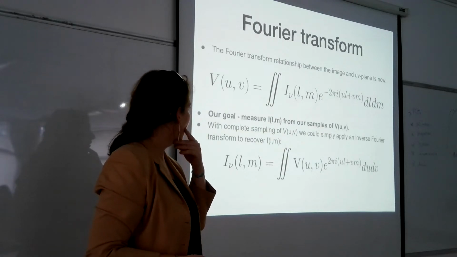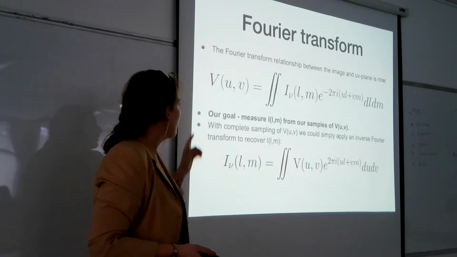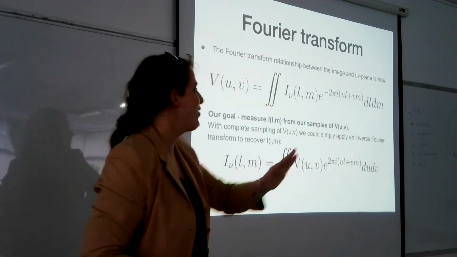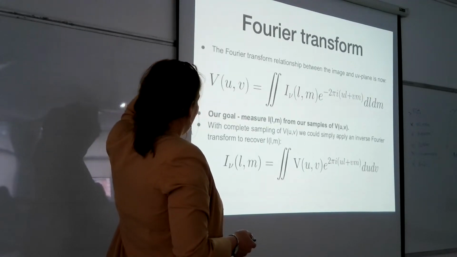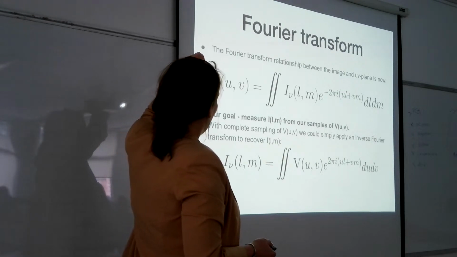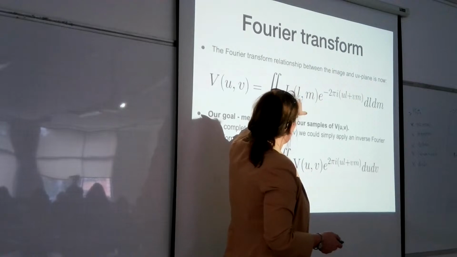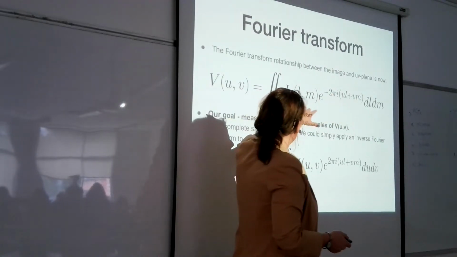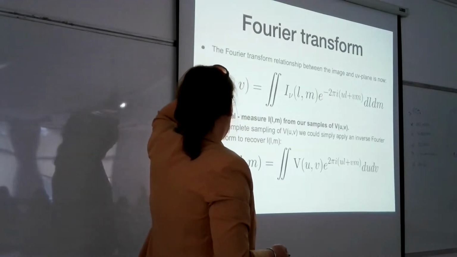Okay, so now the Fourier transform itself looks like this. Again, you don't have to do this yourself. So this is the function that describes the image. This is the Fourier transform, so this is what you measure, the visibility.